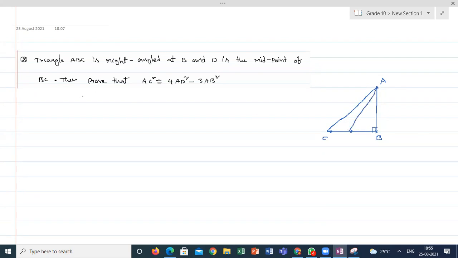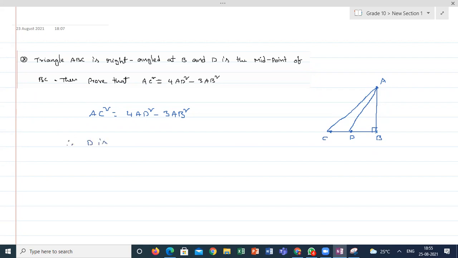So he is asking us to prove AC square will be equal to 4AD square minus 3AB square. Because of joining A to D, here I can see two right angle triangles. And D is the midpoint of BC. That means indirectly he is saying BD is equal to CD.